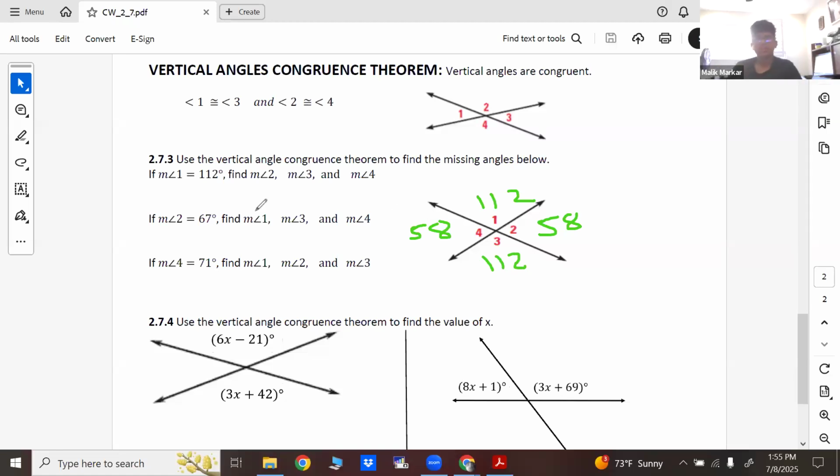Yeah, that's it. If that's 67, yeah, angle two is 67, angle four is also 67. Then of course that's 113, 113.